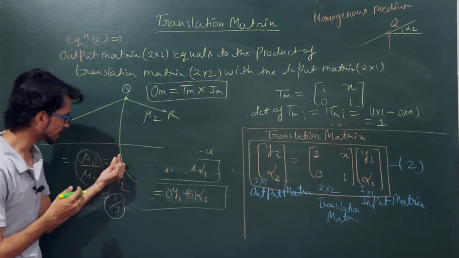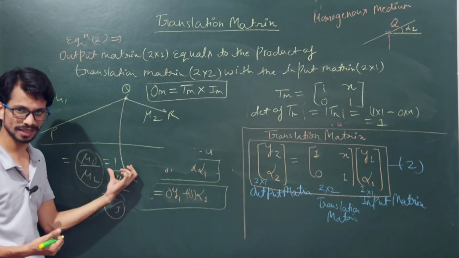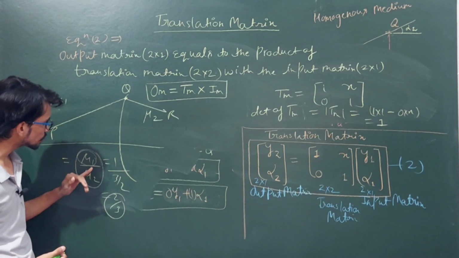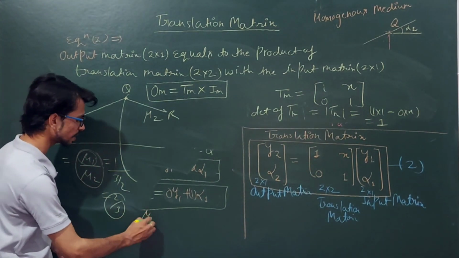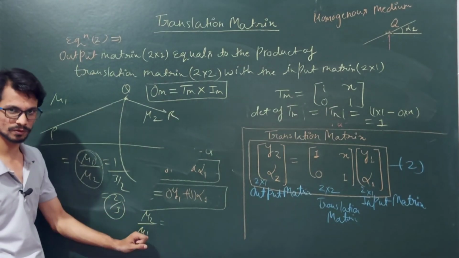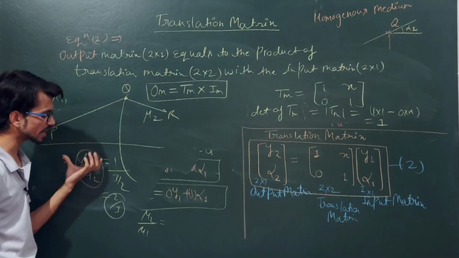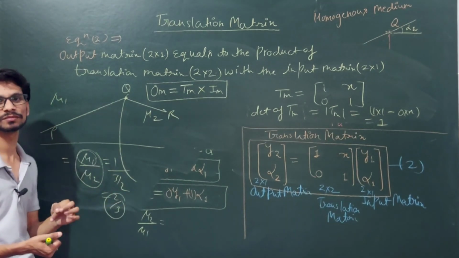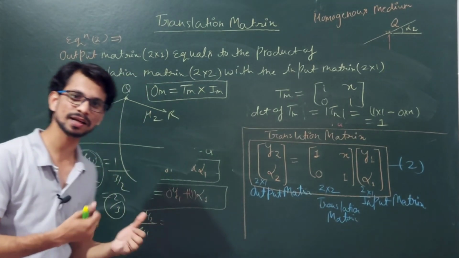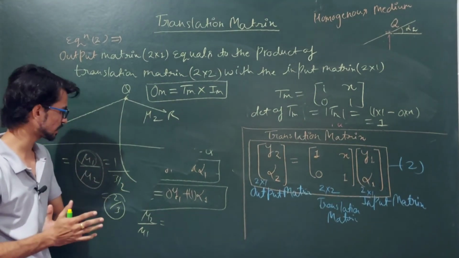This is simply known as the reciprocal of the absolute refractive index. Because mu2 upon mu1 is simply known as the refractive index of the second medium with respect to the first, but here mu1 upon mu2 comes out. So this is the reciprocal of the refractive index of the second medium with respect to the first medium.